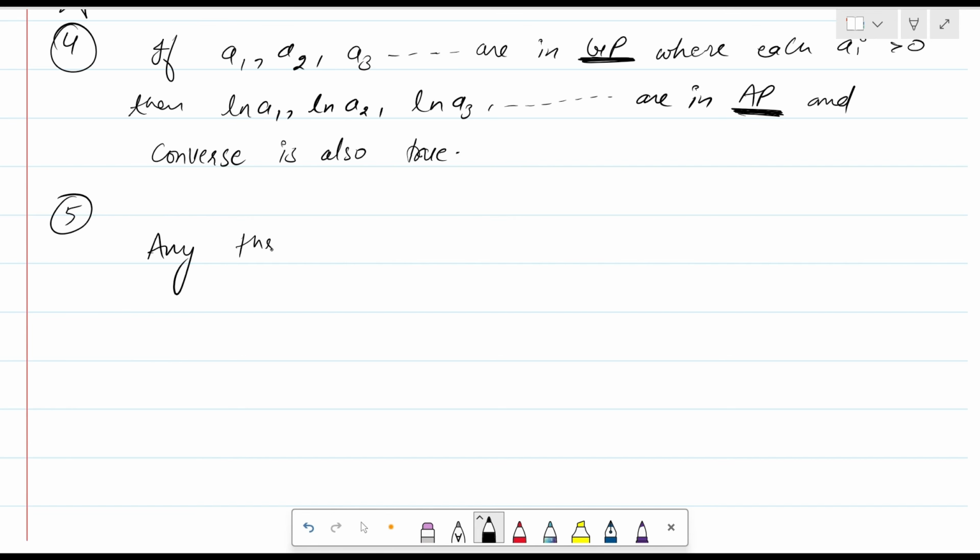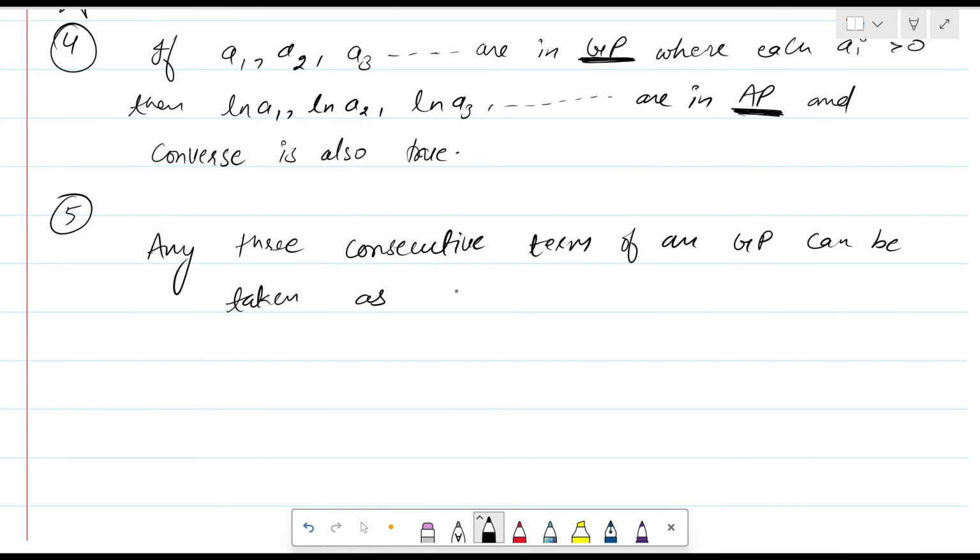Any three consecutive terms of a GP can be taken as A by R, A and AR.